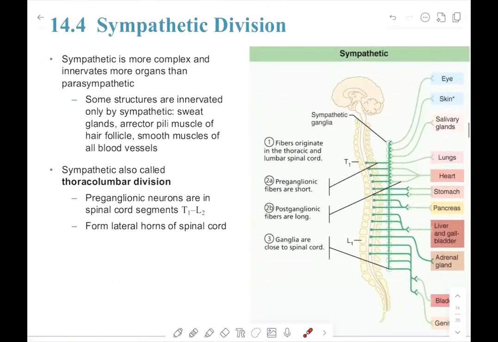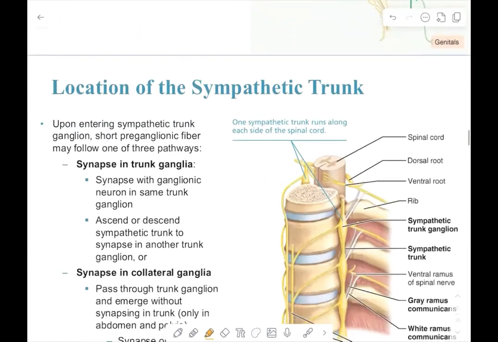For the sympathetic division, remember it's also called the thoracolumbar division, and some structures are innervated only by sympathetic nerves, which would be the sweat glands, goosebump muscle, the erector pili muscle, hair follicle, and smooth muscles of blood vessels. So that's one of those exceptions, because normally the effector organs are stimulated by both divisions of the autonomic nervous system.